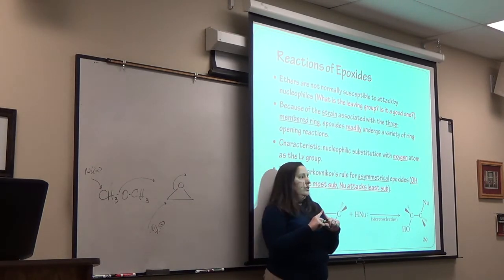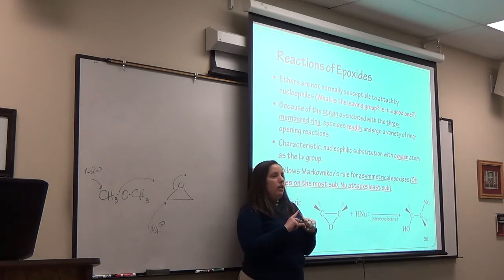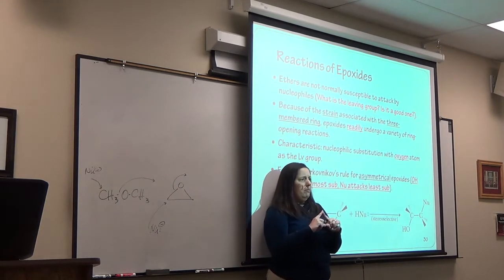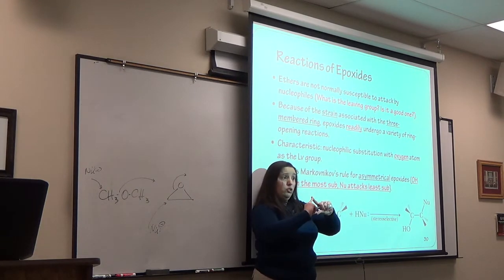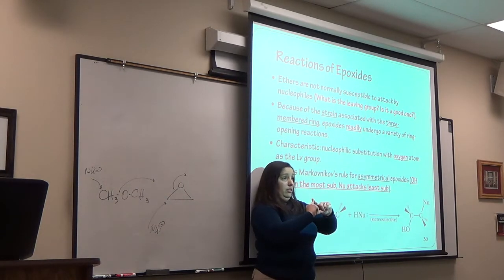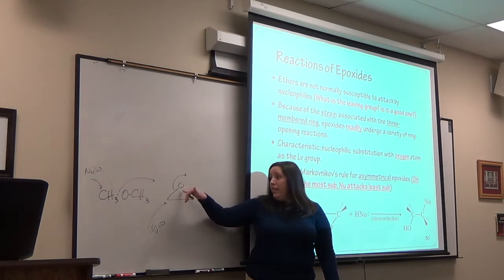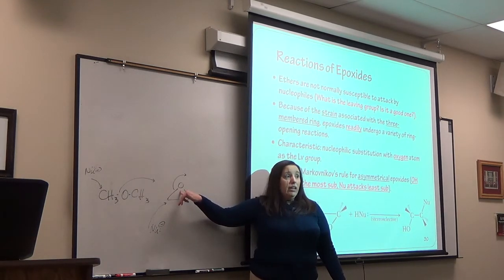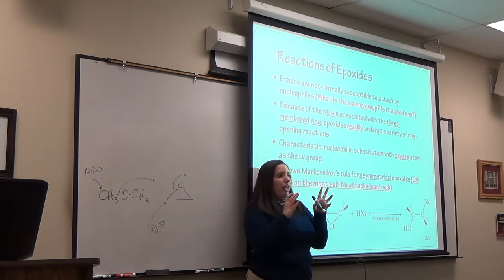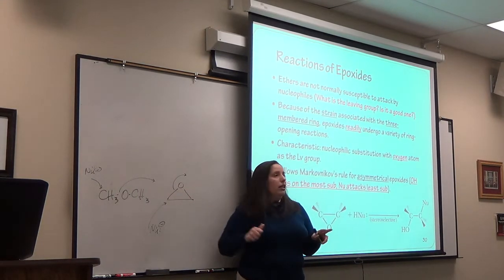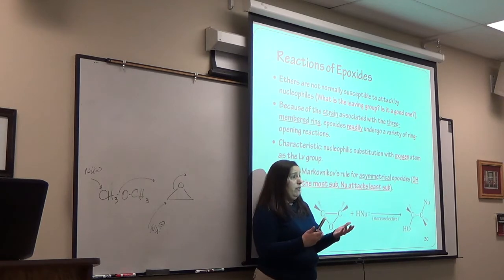The angle is 60, it wants to be 109.5, so it wants to form that. The angle strain is very high, especially with the oxygen. Remember that the oxygen changes that even more because it's electronegative. It wants the electrons anyways, if it can have them.